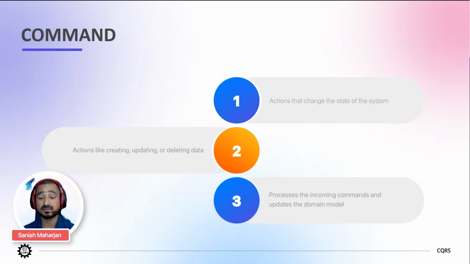It either adds a new record, updates an existing record, or deletes a record. Whatever it does, it will change what is already there in the database or the system. So it's the action that changes the state of the system, like creating, updating, and deleting data, as I've already said. And it should process the incoming command and update the domain model accordingly.